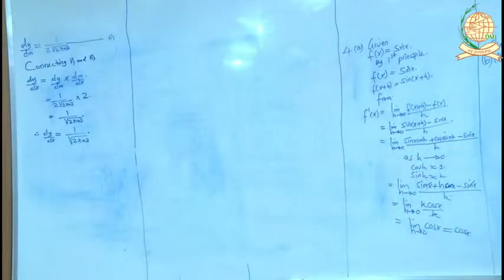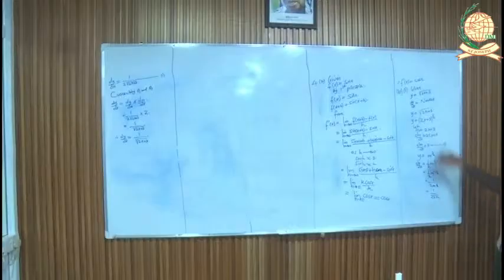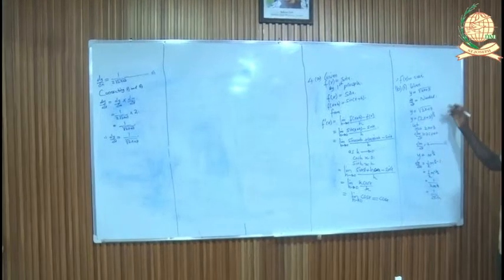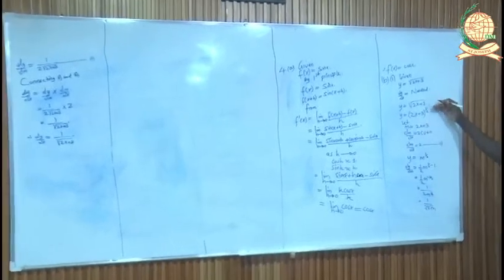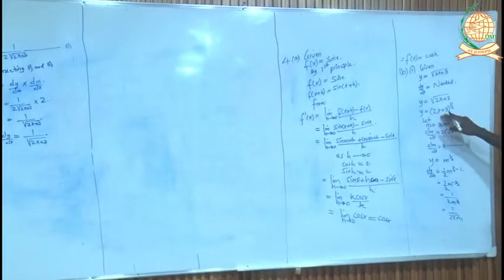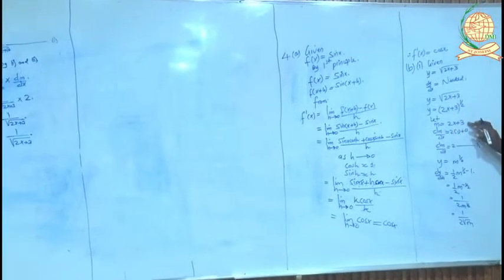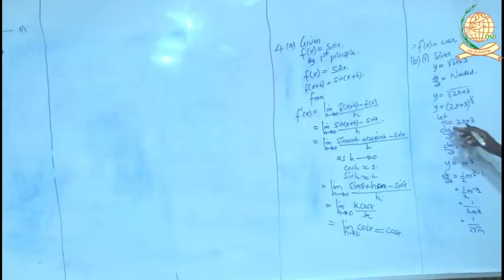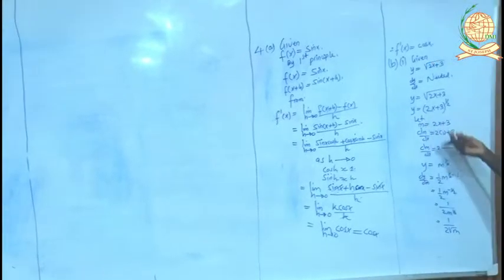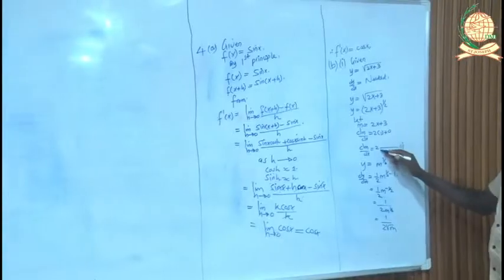y equals under root of 2x plus 3, use the chain rule concept to get dy over dx. As seen here, y is equal to 2x plus 3 power half. So let the inner function m be equal to 2x plus 3. Differentiate m with respect to x, that is dm over dx, which will get 2.